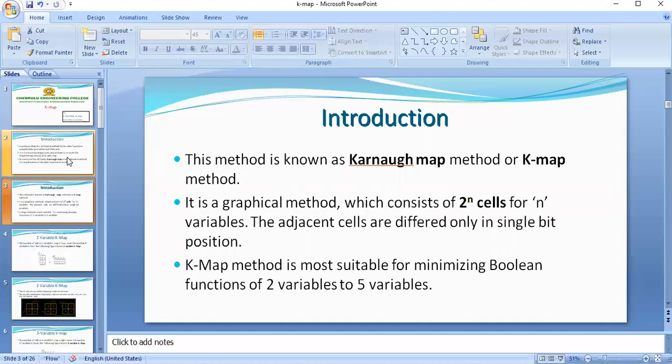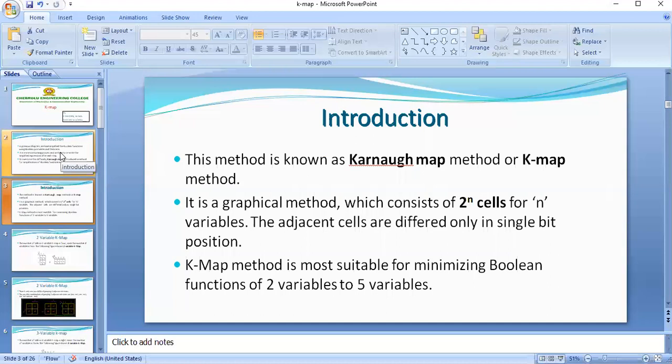In this graphical representation we have 2 power n cells for n input variables. In this method of representation, adjacent cells differ by only one bit position. This K-map method is used up to 5 variables.